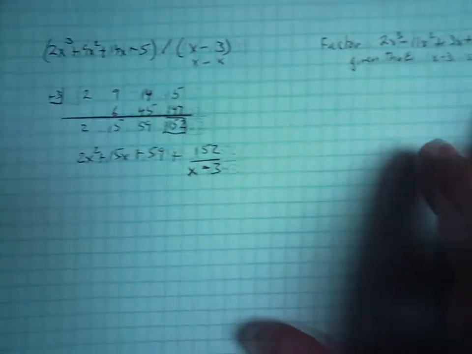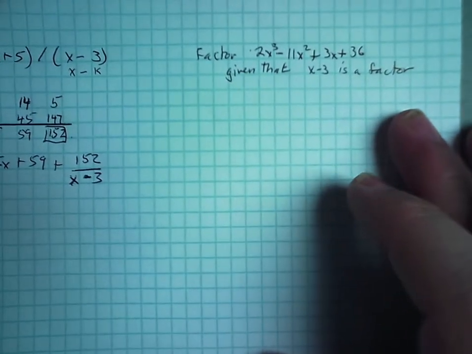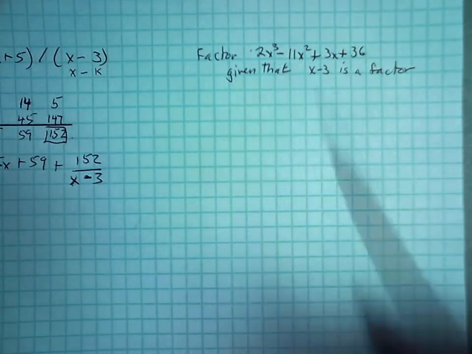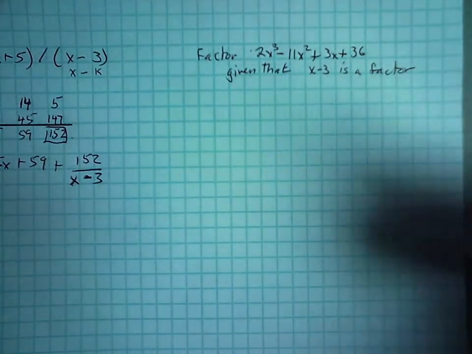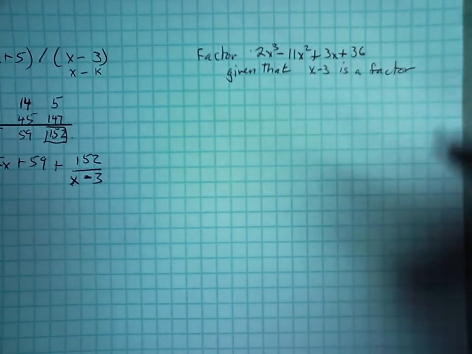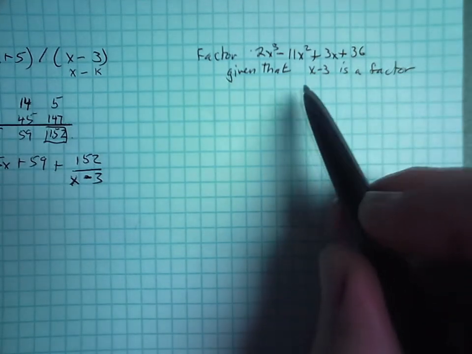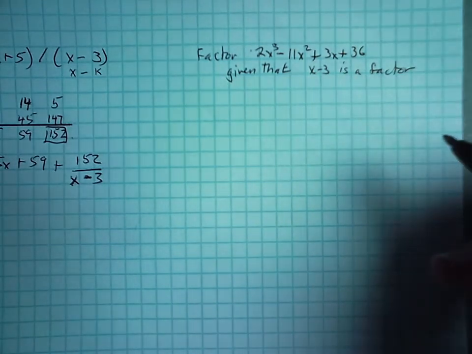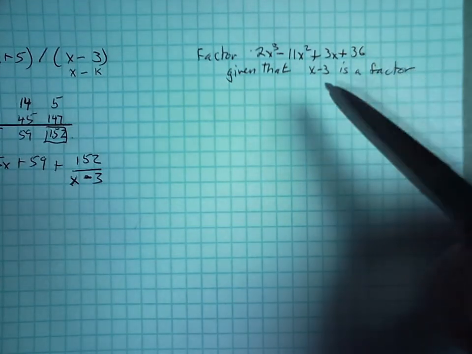Most of the time, when we're using synthetic division in an actual applied problem, we are trying to solve a polynomial or factor a polynomial in order to solve it, usually. So in this example, we have our polynomial 2x cubed minus 11x squared plus 3x plus 36, and we've been given the information that x minus 3 is a factor of this polynomial, which tells us a couple of things.